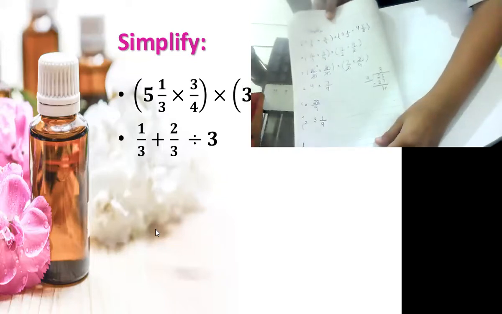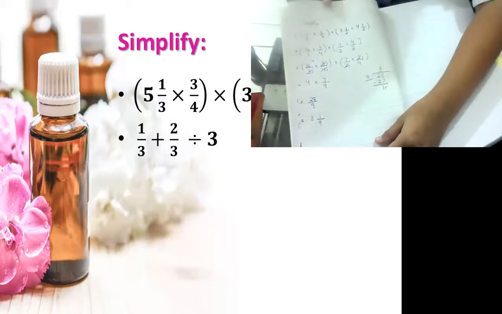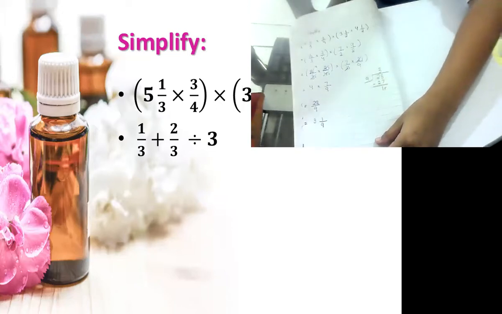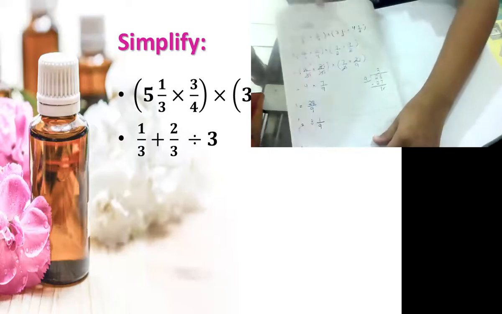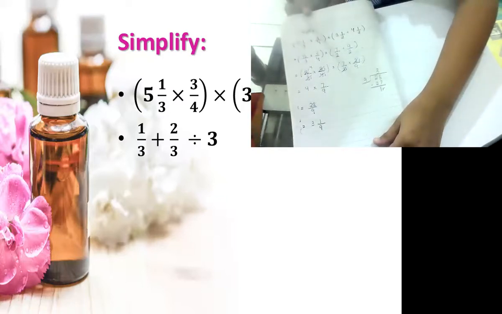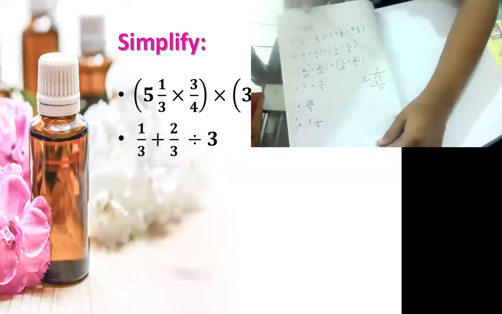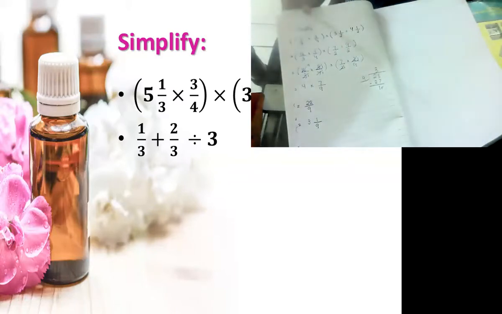Now look here, everyone. In the first step, you will convert it into improper fractions. Afterwards, you will cancel it. So, Hema, look here, cancel it, beta. 3 into 1 is 3, 3 into 1 is 3, 4 into 1 is 4, 4 into 4 is 16. Here, 2 into 1 is 2, 2 into 1 is 2. So what will be left in this whole term? Only 4 will be left.